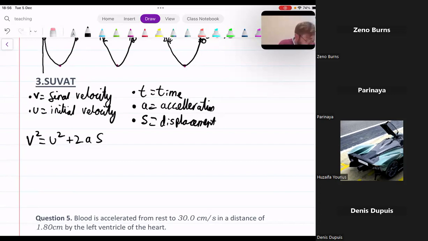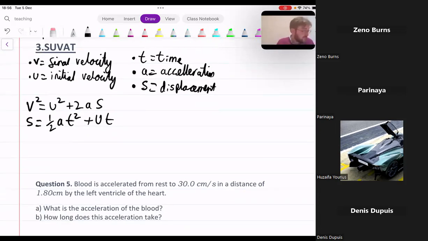The other one is displacement equals ut plus a half a t squared. So this is if you start off at a speed and accelerate for a given length of time. This is the distance you will travel.